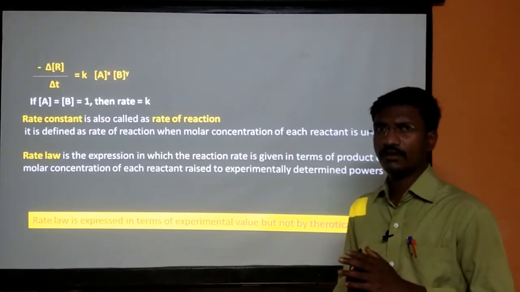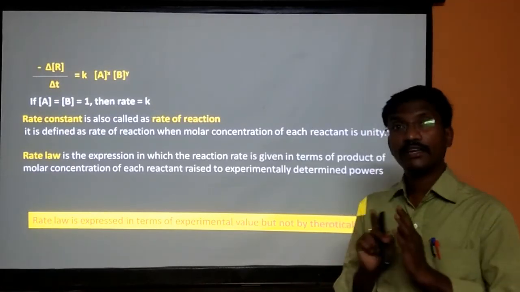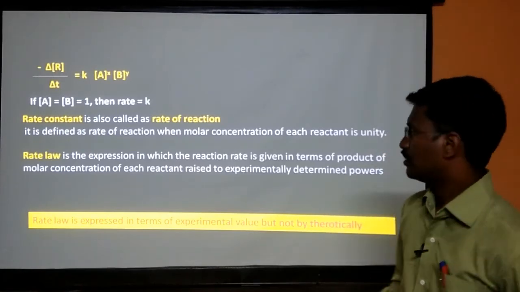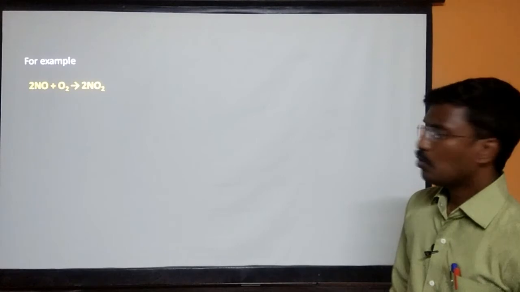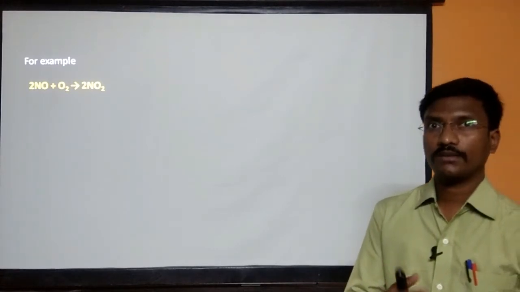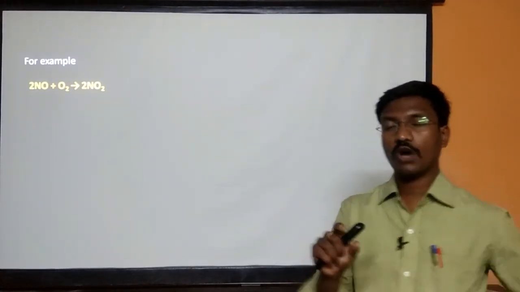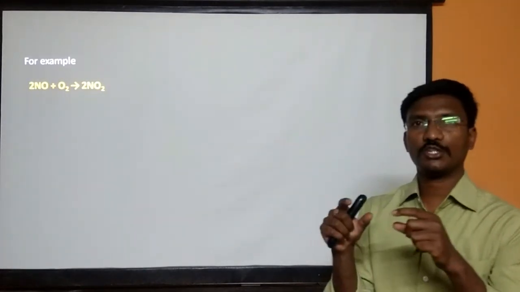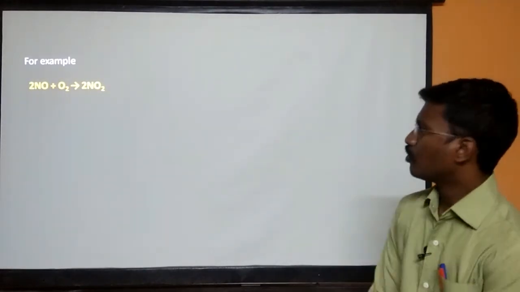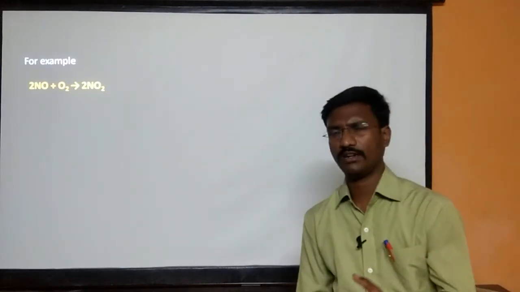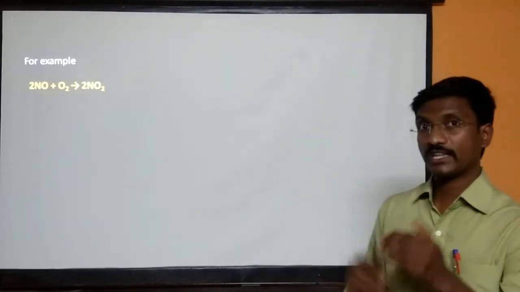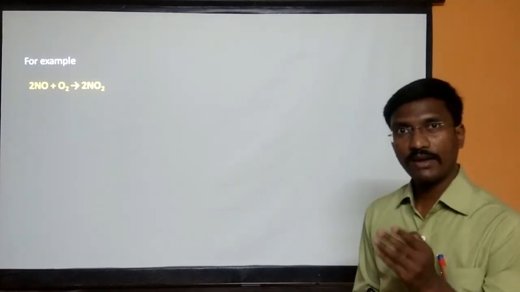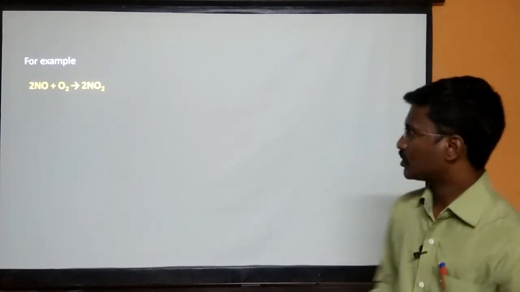It can be written only by doing the experiment, not by seeing the reaction. How can we determine x and y, that is, on what basis do we write the powers of the concentrations of reactants A and B? You will come to know by one of the experiments. We are not doing that experiment, but we are understanding how it is possible to determine the powers of concentration of reactants.